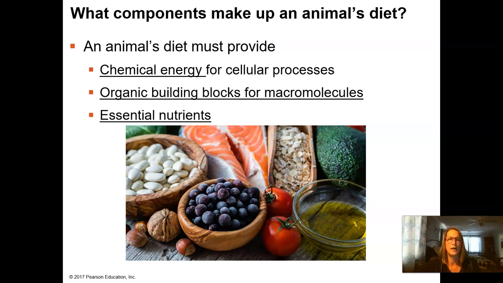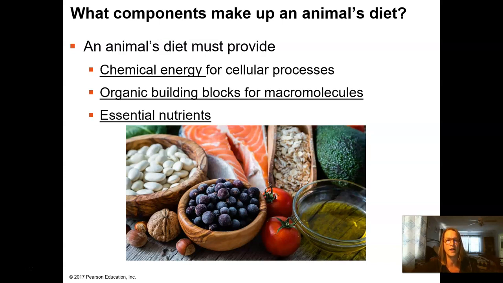So there are basically 3 things that an animal's diet must contain in order for an animal to stay alive. All animals' diets have to provide chemical energy for cellular processes. So basically that's going to be calories. And the calories are basically just a measure of how much energy there is.